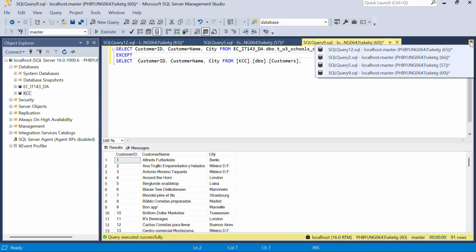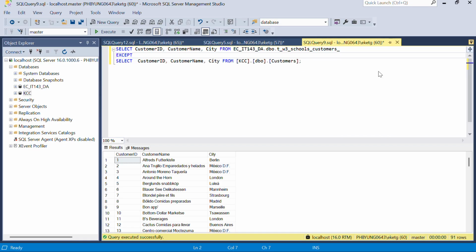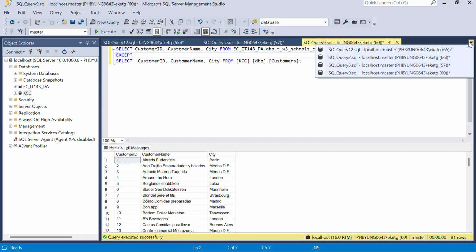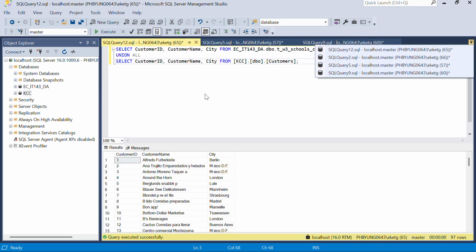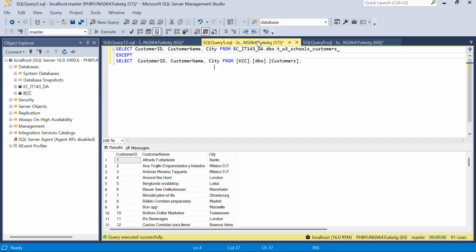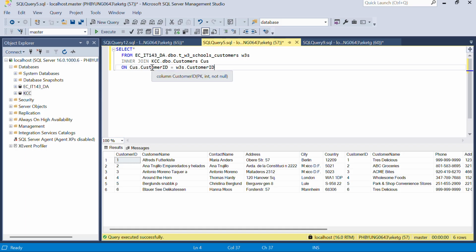Now coming down here, let's look at inner joins. What I was able to do was use these two tables, the customer table and this one.